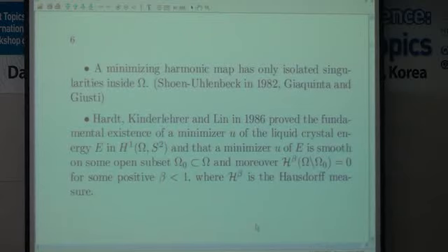And then for the general model, Hardt, Kinderlehrer and Lin proved that each minimizer of the general Oseen-Frank model is smooth except for a small singular set. Of course, existence of a minimizer is no problem. But they cannot prove the singular set is isolated. They only proved a Hausdorff measure dimension beta less than 1.